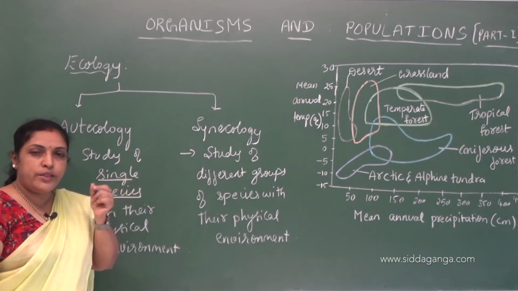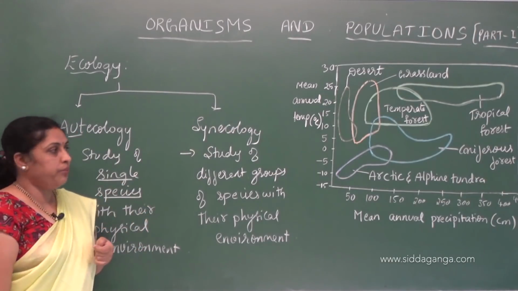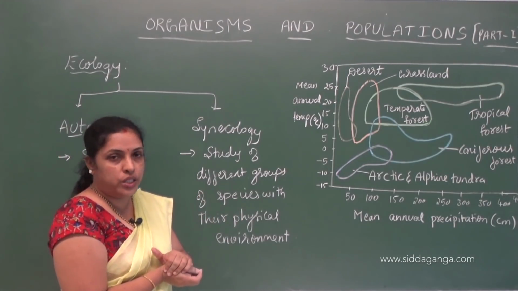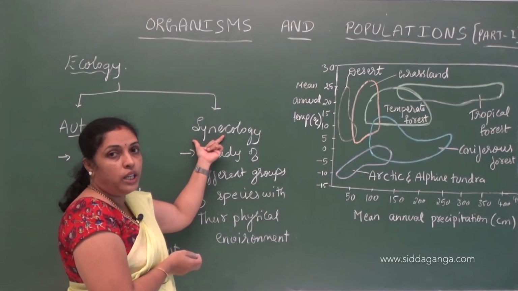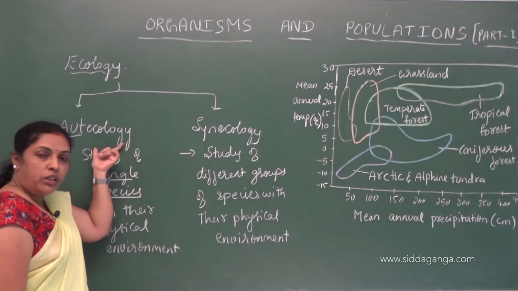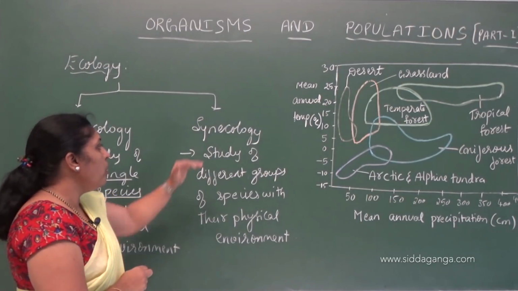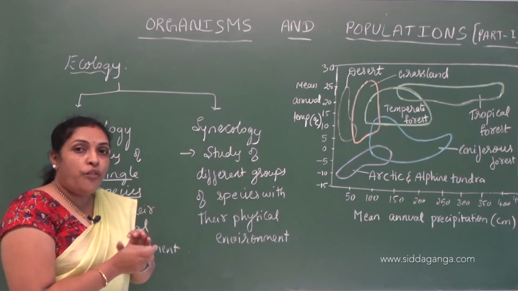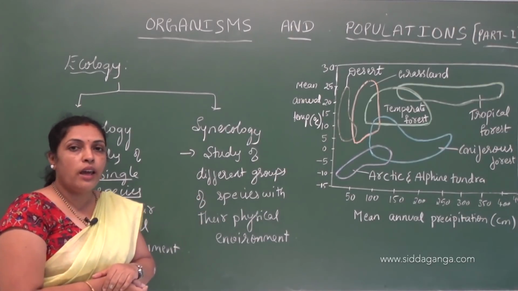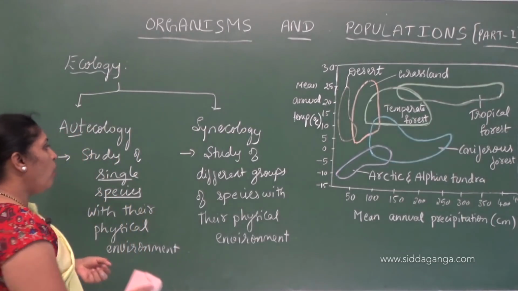When we study a single species with its physical environment, that comes under autecology. With the mango tree, if we study other trees present in the ecosystem, it is called synecology, in which the mango tree is one of the species. Understood? So in autecology we study only one type of species with their physical environment. In synecology we study different groups of species with their physical environment. This is the difference between autecology and synecology.